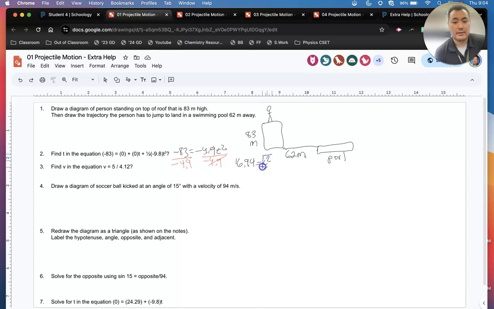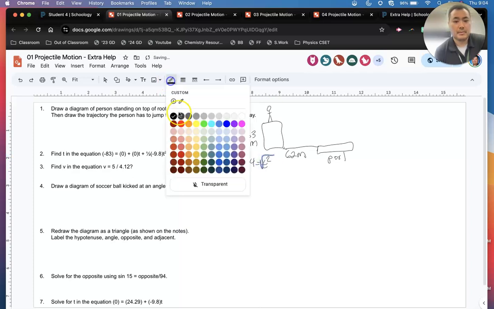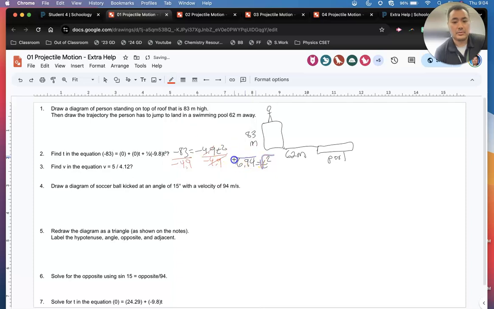Tell me why you did that, Raphael. So get rid of the t squared. Sounds good. And what do you get when you do 16.94 square root? 4.11.